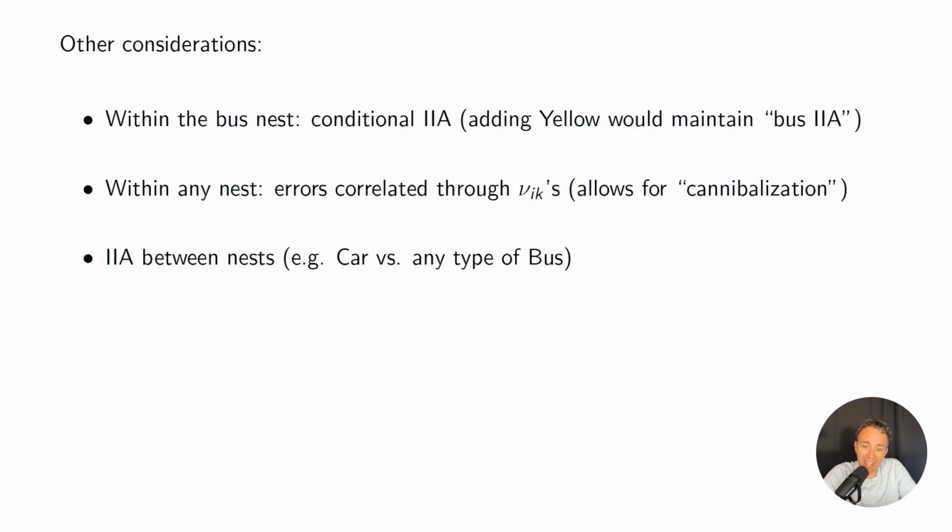We also have IIA between nests at the top level. So therefore, when choosing car or any type of bus, we have IIA.